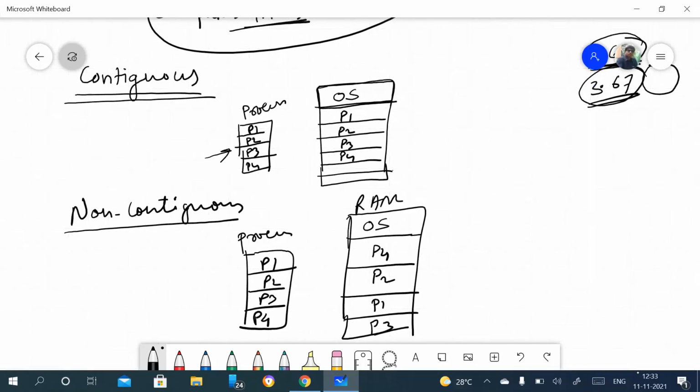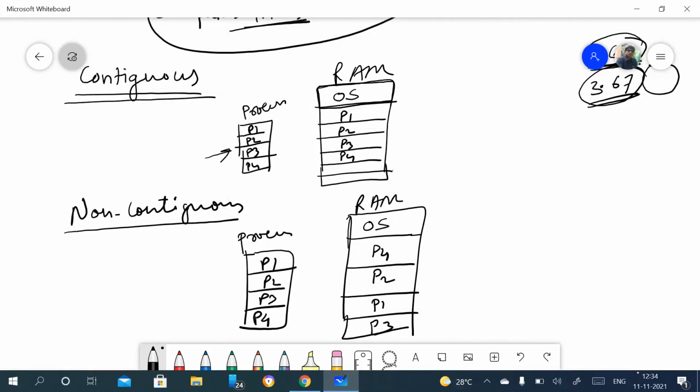Now if we consider contiguous, there are again two techniques: fixed partitioning and variable partitioning. The name indicates something, right?